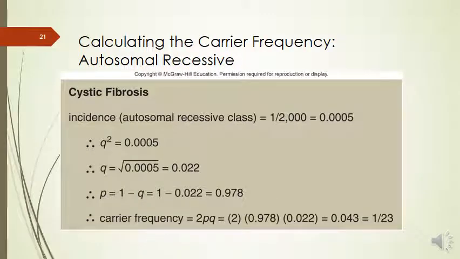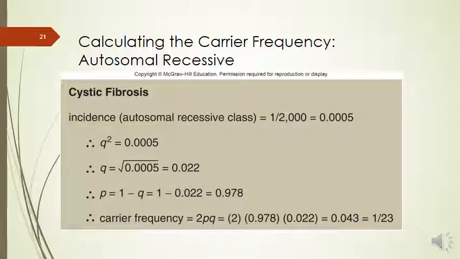Therefore, the homozygous recessive frequency, if lowercase c represents the disease-causing allele, is 1 over 2,000 or 0.0005 in the population. This equals q squared. The square root of q squared is about 0.022, which equals the frequency of the lowercase c allele. If q equals 0.022, then p, or 1 minus q, equals 0.978.